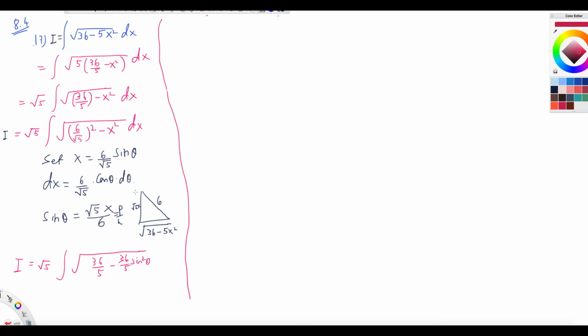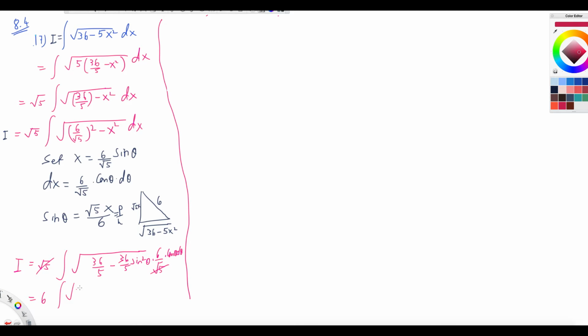So that is root under 36 over 5 minus 36 over 5 sine squared theta, times dx, which is 6 over root 5 times cosine theta d theta. You see that? Now there is root 5 divided by root 5. That cancels out, and what is coming out is 6, right?